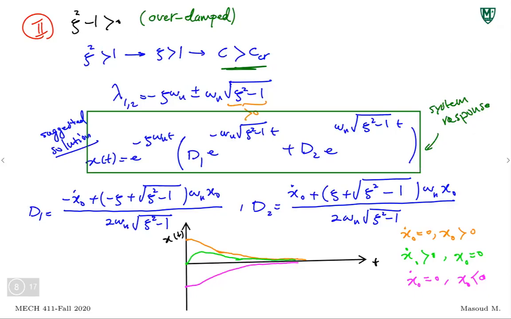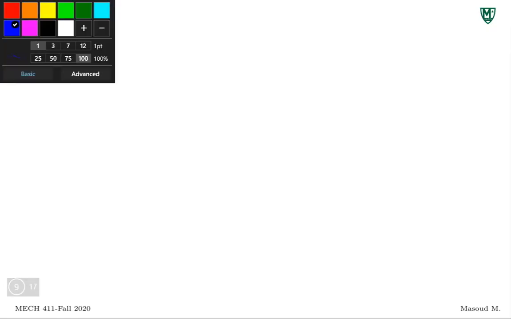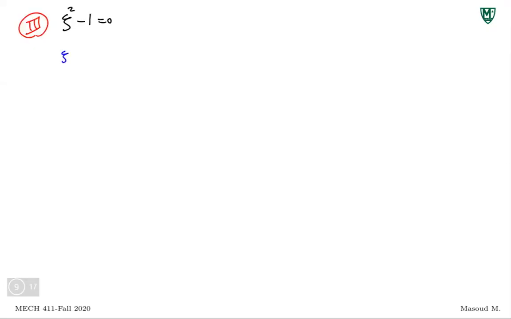Now, the last case, the third one, is when we have zeta squared minus 1 equal to 0. In that case, zeta squared is equal to 1, ignoring the negative part. Zeta is equal to 1, meaning that C is equal to C critical.